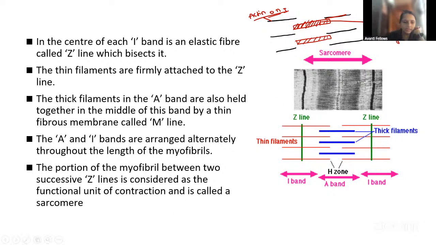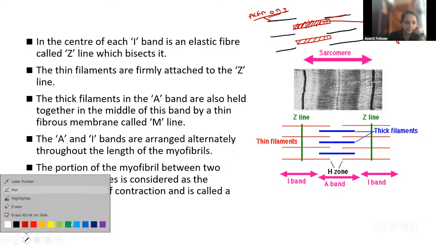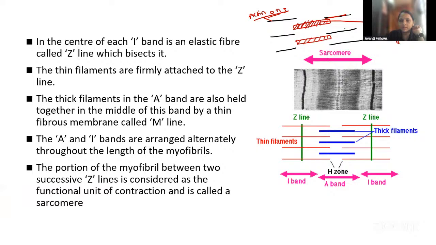Okay. And in the actin filament, you can see there is one line going where the actins are attached. The actins are attached to this line, which is called the Z line. Here you can see that on both sides the actins are attached to the Z line.